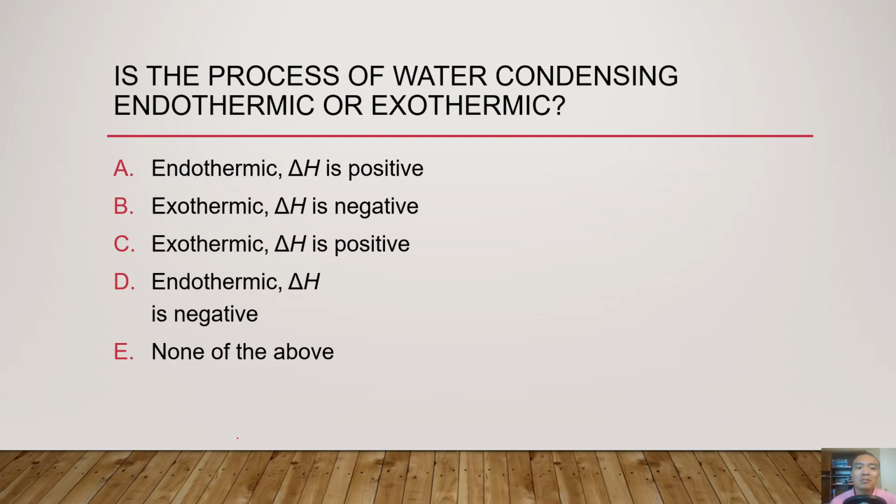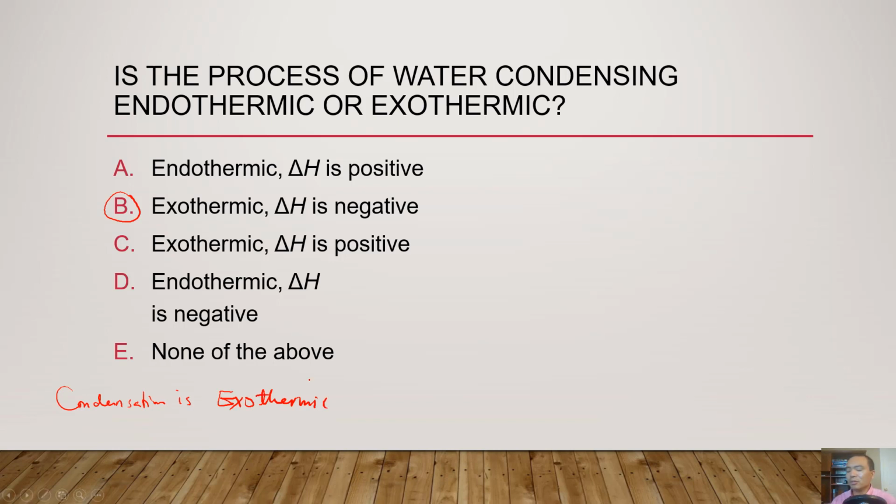When you condense water, the opposite is true, which means it's releasing energy. Releasing energy means it's exothermic. Delta H will be negative. So B is the correct answer. Right. So to summarize, condensation is exothermic.